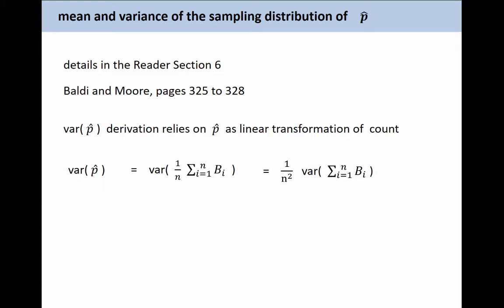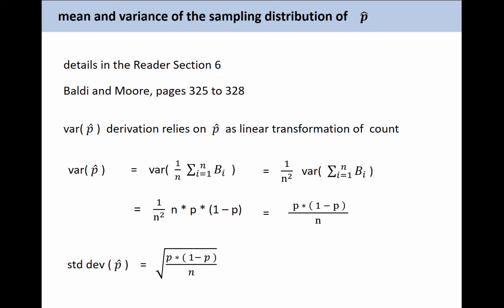This is 1 over n squared times the variance of the sum. So this is going to be equal to 1 over n squared, and then we'll fill in the formula we worked out for the variance of the sum, n times p times 1 minus p. So we're going to have a little cancellation. The n and the n squared will cancel out, and you'll often see the variance of p hat written this way: p times 1 minus p over the sample size n.